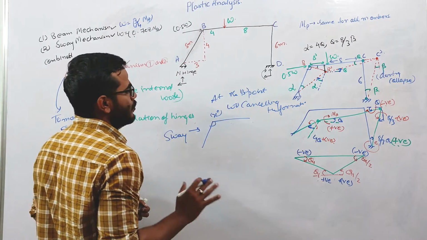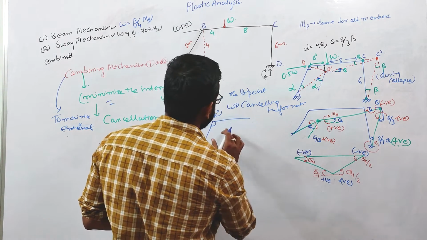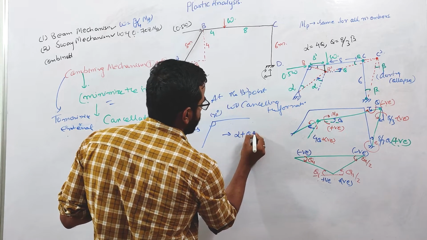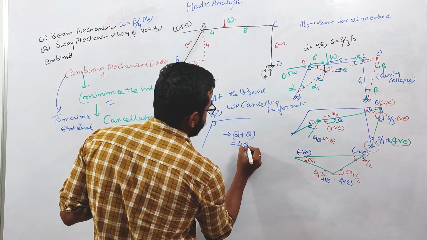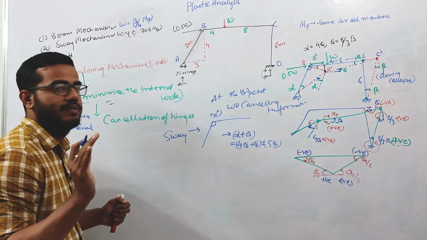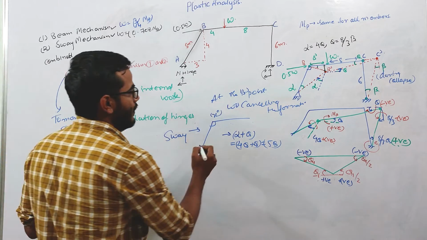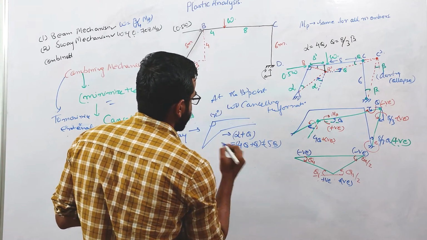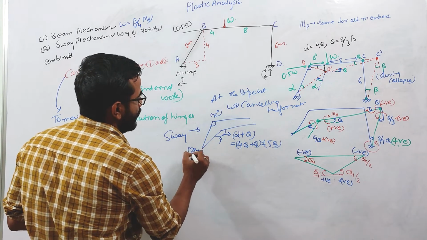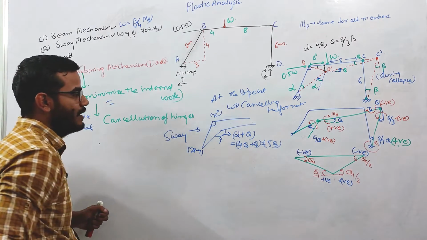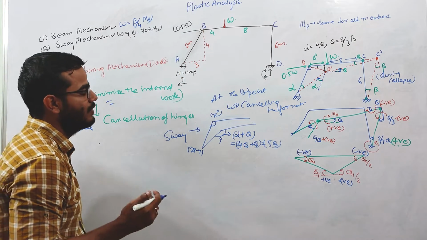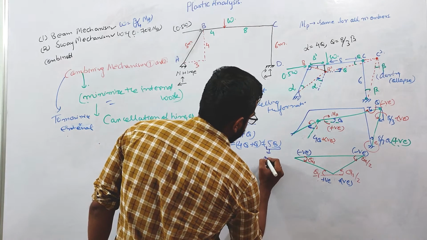When the sway occurs, the change in angle between these two members is alpha plus theta, or 4 theta plus theta, which equals 5 theta. There should be no doubt in this. If after sway the angle between these two members is y degrees, then x minus y equals 5 theta. We consider only this 5 theta, because in internal work done we consider this change in angle.